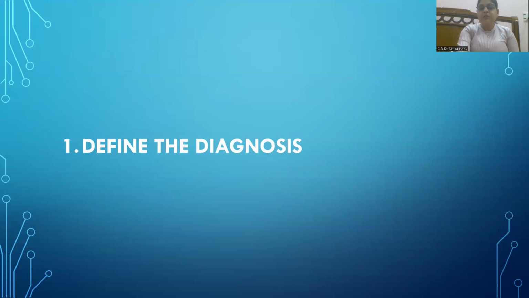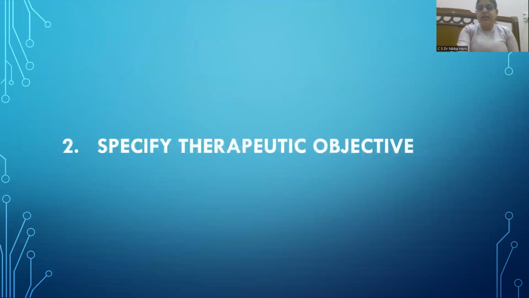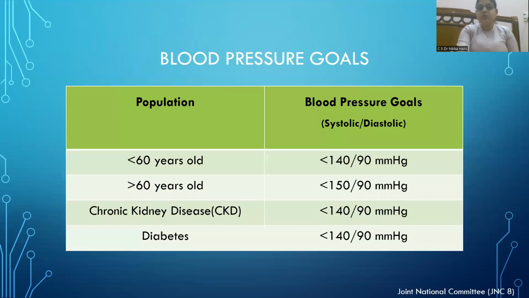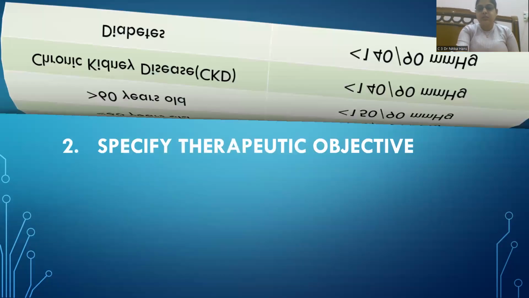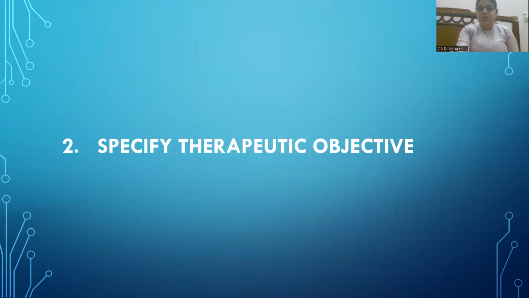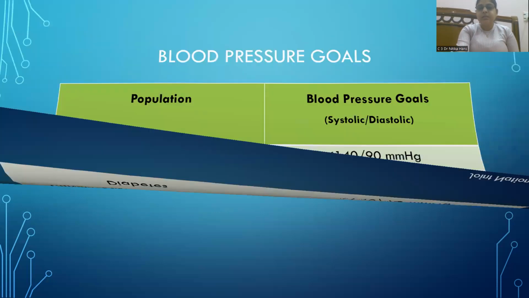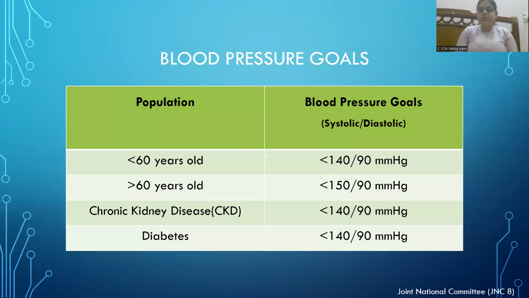So how do we define the diagnosis? This is the diagnosis of stage 1 hypertension. The therapeutic objective is we have to see the blood pressure goals. First of all, for patients who are less than 60 years, the blood pressure should be less than 140 by 90 millimeter of mercury.